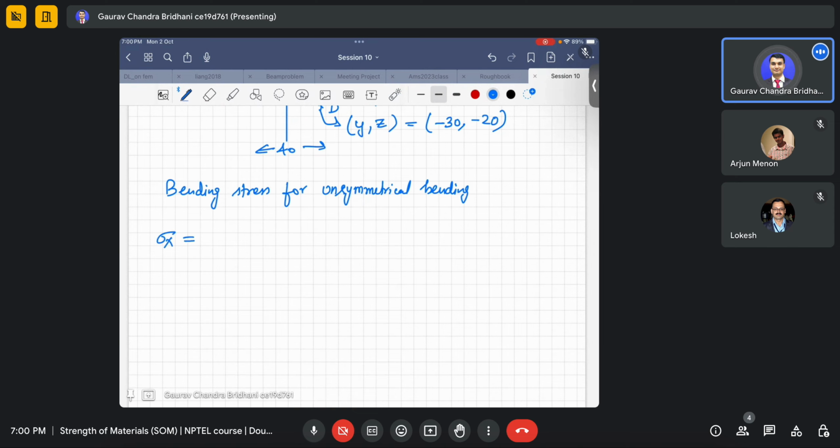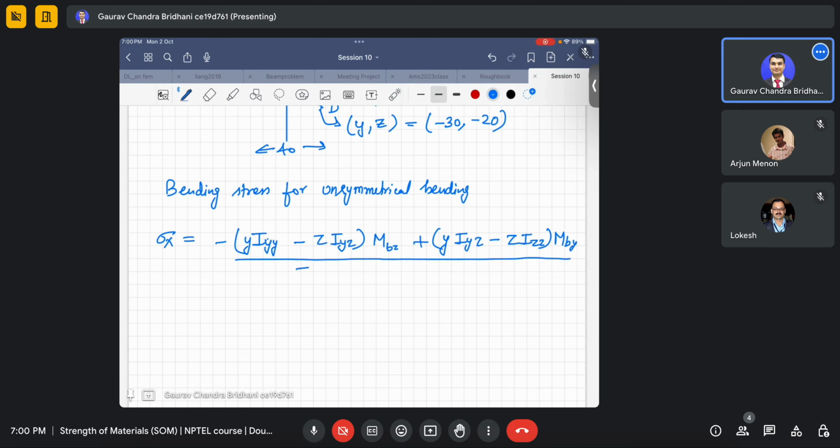Sigma x is equal to minus y into I y y, minus z into I y z into m b z, plus y into I y z minus z into I z z into m b y, full divided by I z z I y y minus I y z whole square.